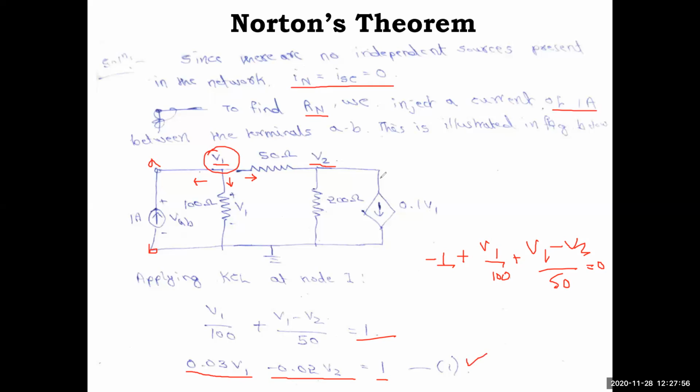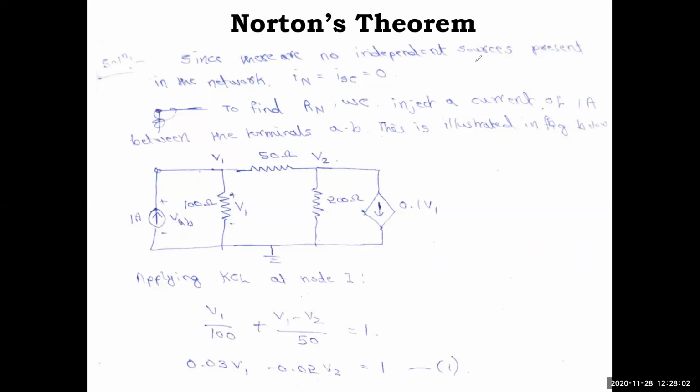Similarly, we find the equation for V2. All the currents are leaving, again the same assumption, there are 3 branches. With respect to V1, V2 minus V1 divided by 50, plus in the downward direction you have 200 ohm, which is V2 by 200.